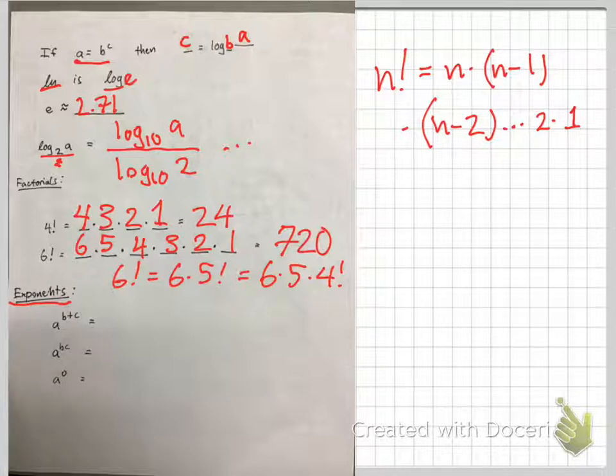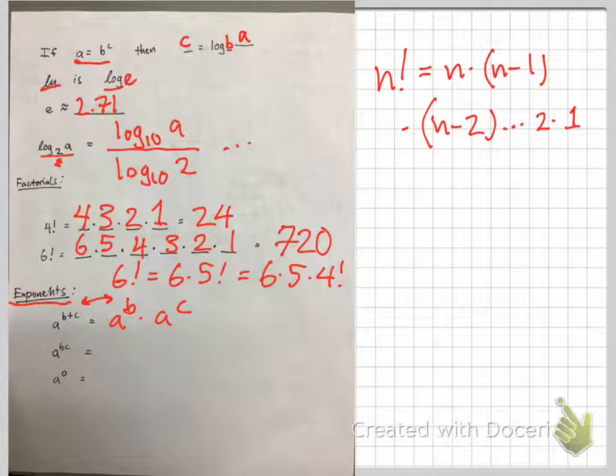Now, on to the last section of the worksheet with exponents. There are three rules that I want you to make sure that you have down as well as possible. These rules of algebra you may not have seen for a little while, and you should be able to internalize these before we go too much further in the class. a to the power of b plus c is another way of saying a to the b times a to the c. So make sure that you can flip that expression back and forth as you need to.